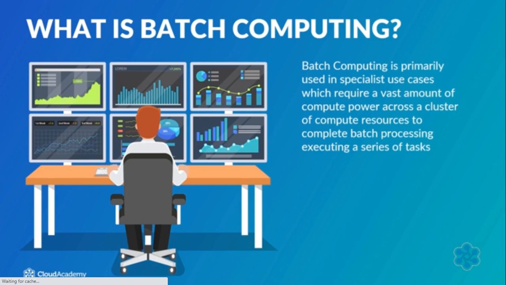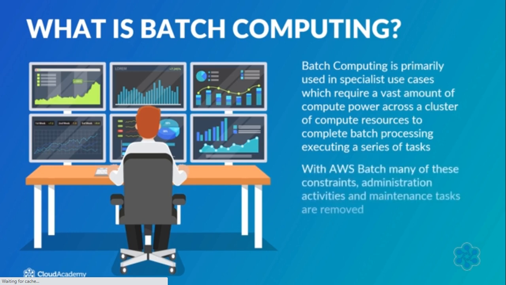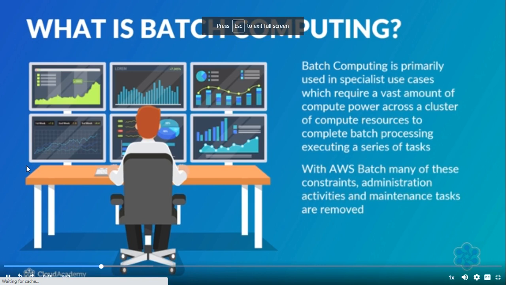Outside of a cloud environment, it can be very difficult to maintain and manage a batch computing system. It requires specific software and requires the ability to consume the resources required, which can be very costly. However, with AWS Batch, many of these constraints, administration activities, and maintenance tasks are removed.